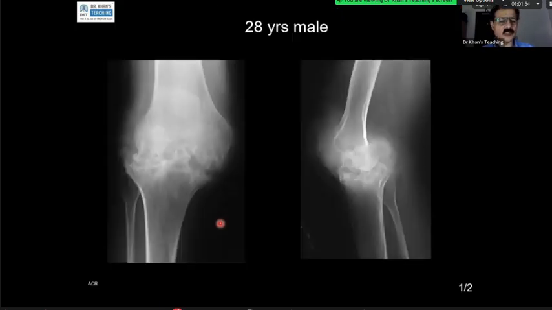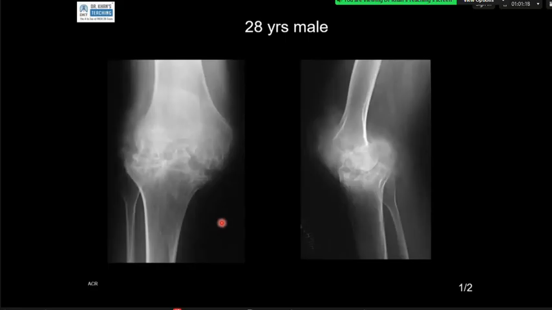Yes, please. 28 years old. So this is an X-ray of the knee, AP and lateral views, and I can see that there is irregularity of the bony outlines along with patchy areas of sclerosis as well, and the intercondylar notch also looks a bit widened to me.